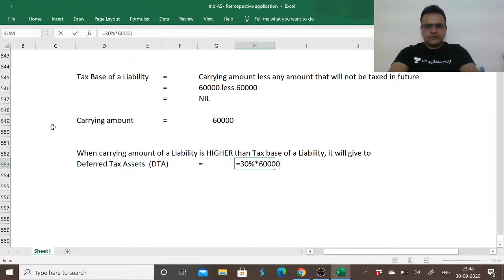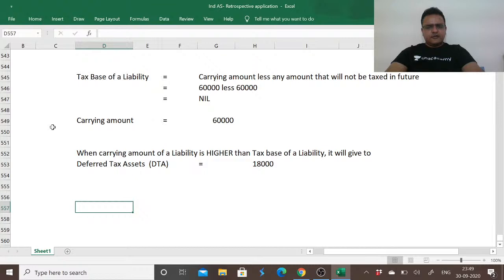If the rate of tax is 30%, DTA created is 18,000. This is how we deal with the balance sheet approach under Ind AS 12, accounting for income taxes.